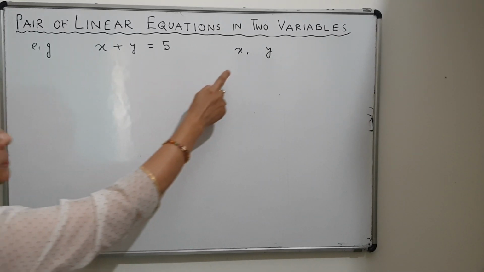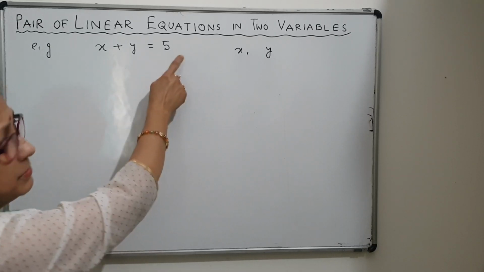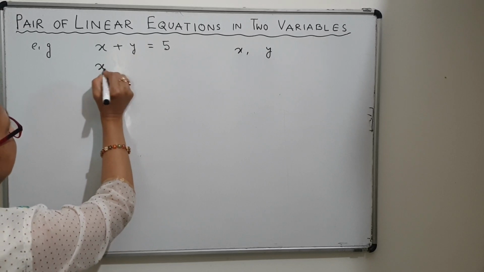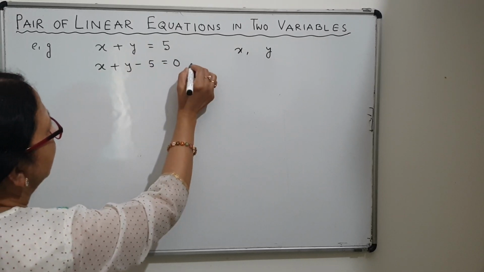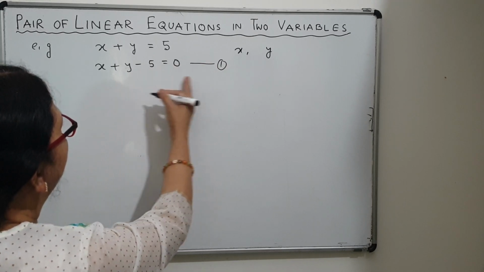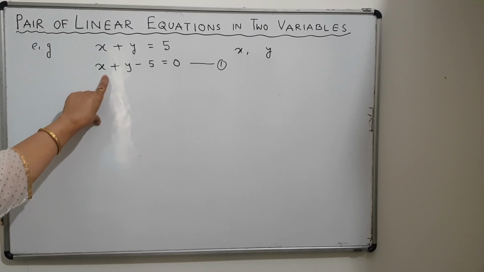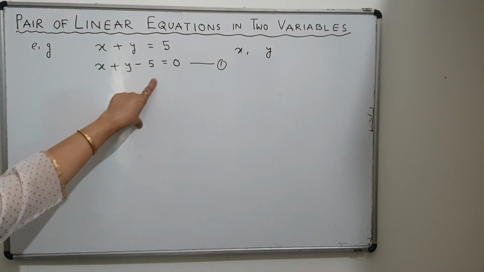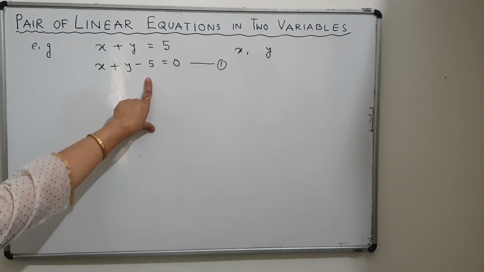That means these two variables are related by a condition, that their sum is always 5. Or I can write it in the general form. So I got a linear equation in two variables. Now I want to find the numbers which satisfy this, a particular pair of numbers, but this has infinitely many solutions.